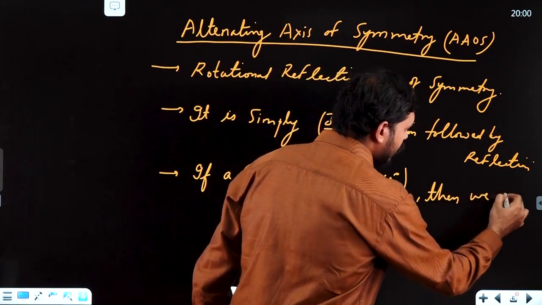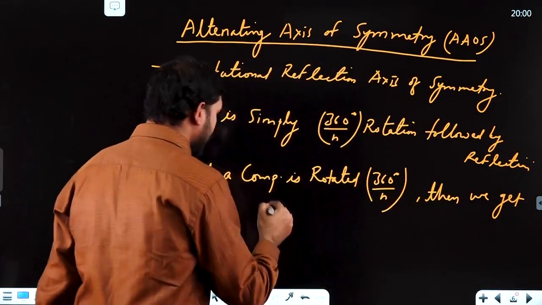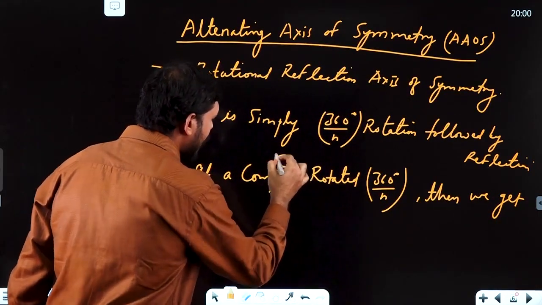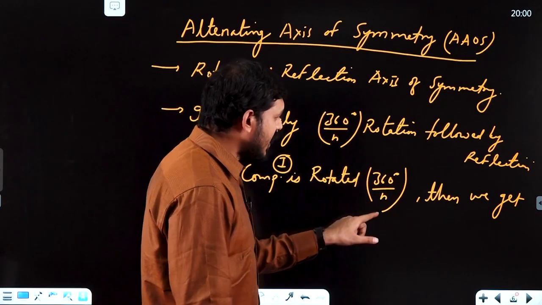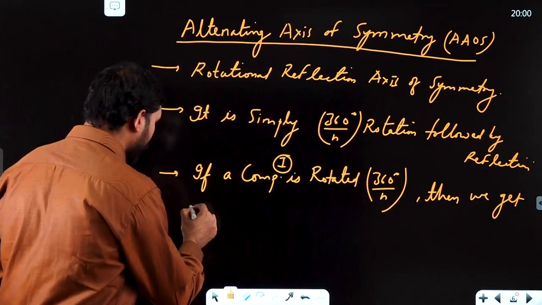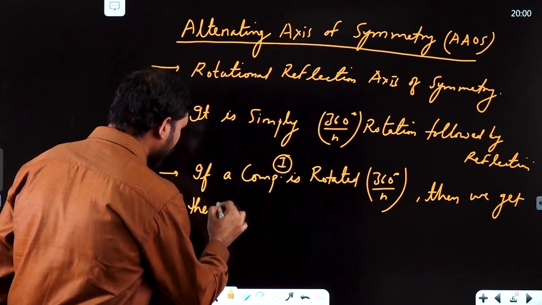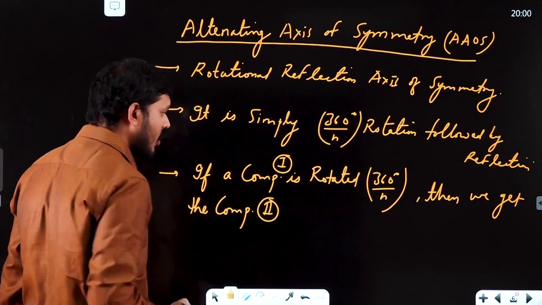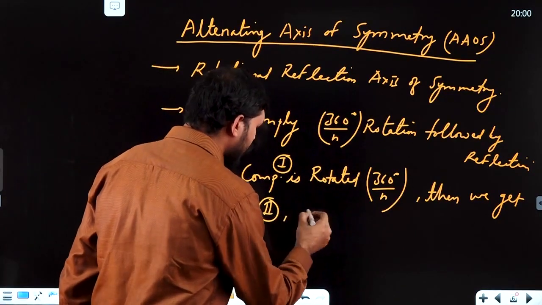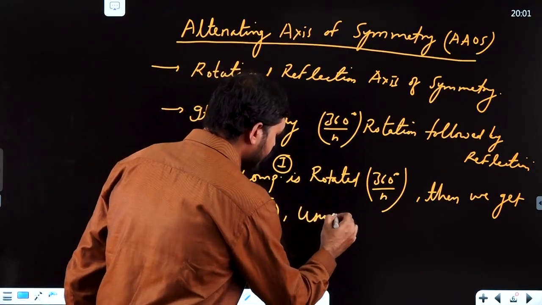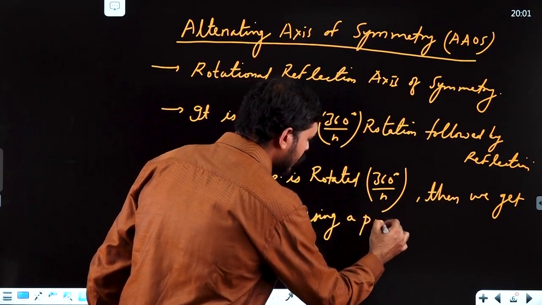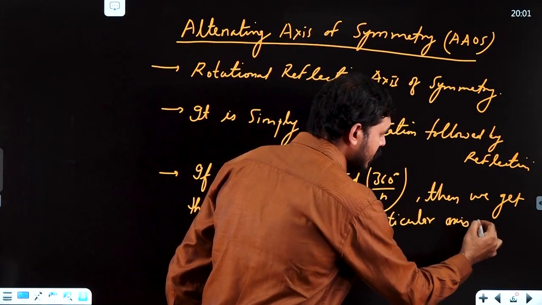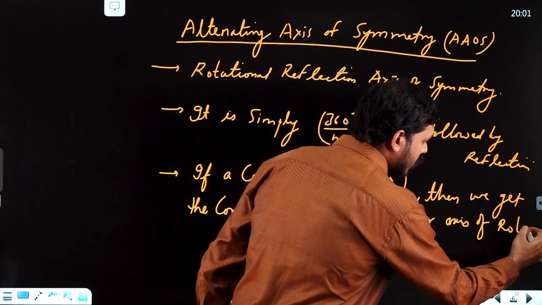if a compound, suppose I call this compound 1, is rotated 360 degree by n, then we get compound 2, using a particular axis of rotation.